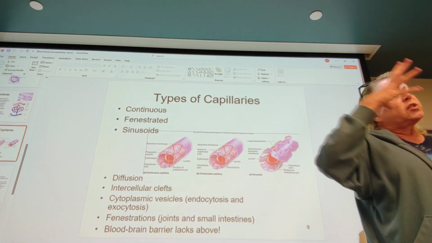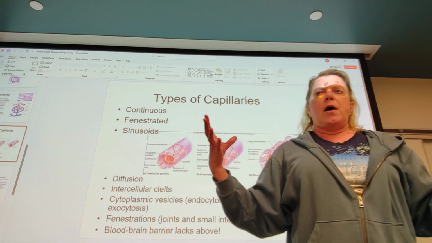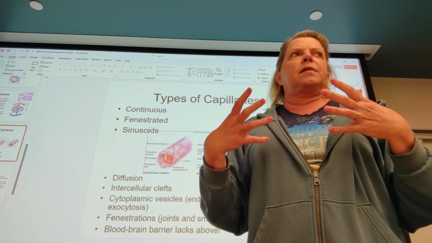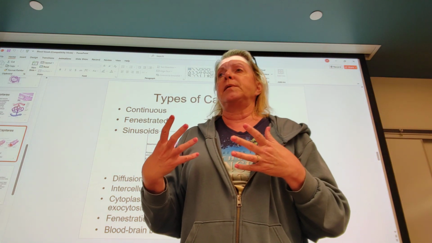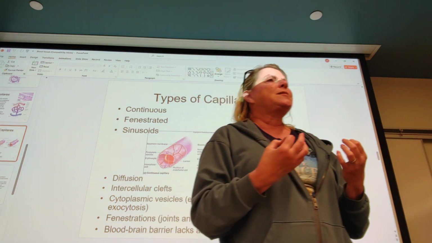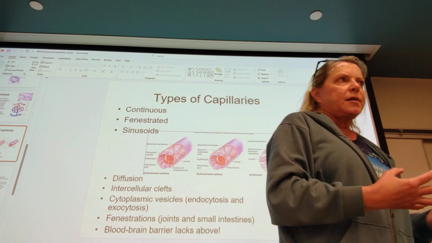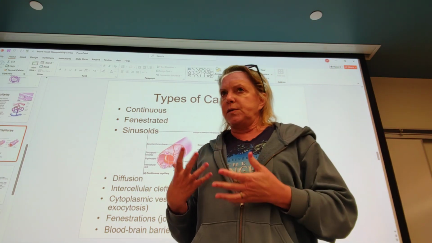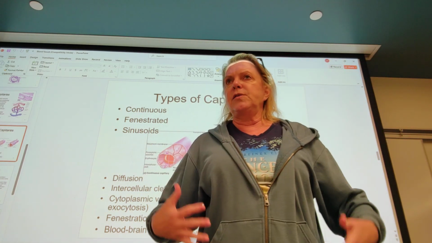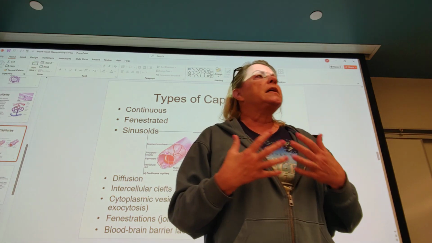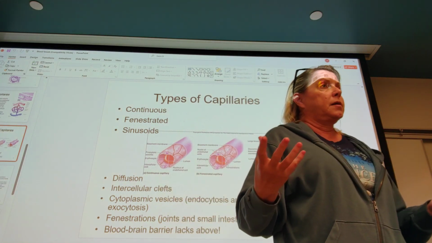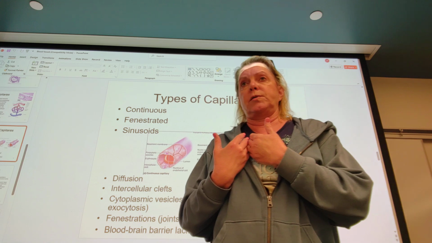And all of these large openings allow the hepatocytes, the liver cells, to do their job. And their job is to detoxify your blood that just came from your intestinal tract. Everything in your abdominal cavity needs to be cleansed by the liver before going back to the heart.